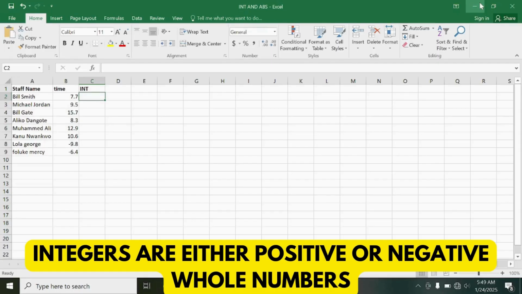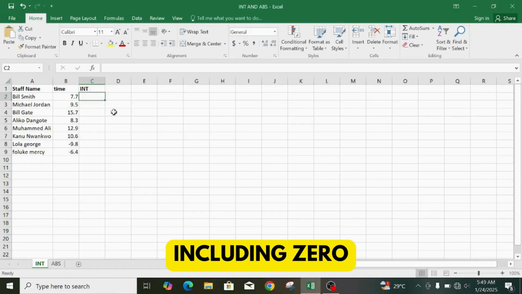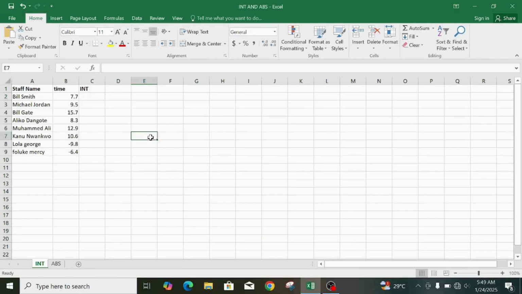So for int, you realize that integers are basically whole numbers, either positive or negative, and including zeros. And for int, it rounds down the value to the nearest integer, that is either a positive or negative integer, that is a whole number.